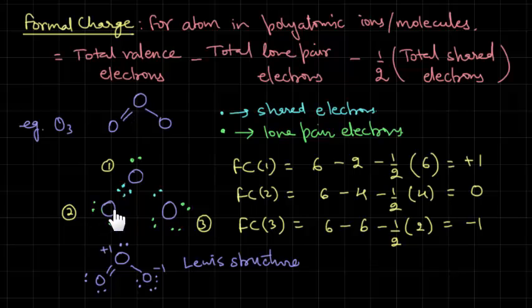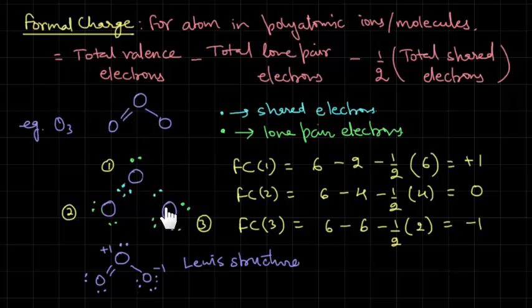For the second atom, the valence electrons are again 6, minus total lone pair electrons 1, 2, 3, 4, minus 4, minus half times shared electrons, so minus half times 4. So it comes out to be 0. For the third atom, valence electrons are again 6, minus lone pair electrons 1, 2, 3, 4, 5, 6, minus half the number of shared electrons.